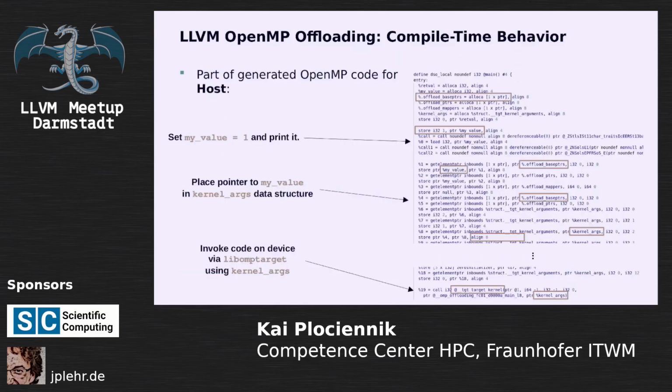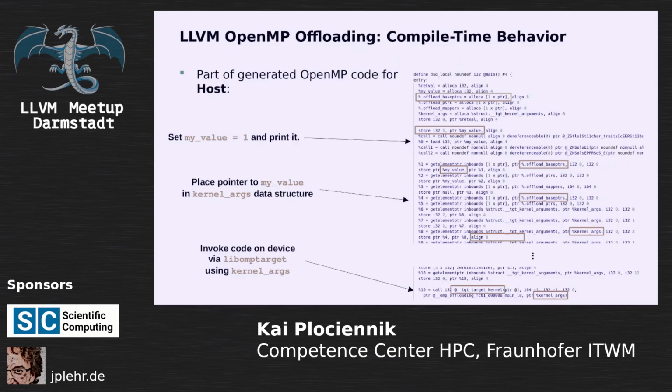On the host, if you look at the host code, there's also OpenMP code generation going on. What you see here is the main function on the host, and you also see, where is it? Store 1 into myValue, into this pointer. That's the code line where the user wrote myValue equals 1. All of the rest is generated.